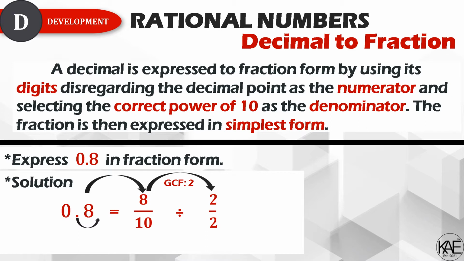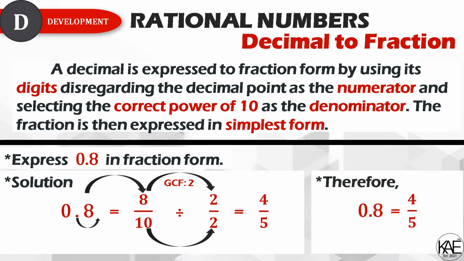Eight divided by 2 would give us 4. Then 10 divided by 2 would give us 5. Therefore, 8/10 or 0.8 in fraction form is equivalent to 4/5 or 4 over 5.